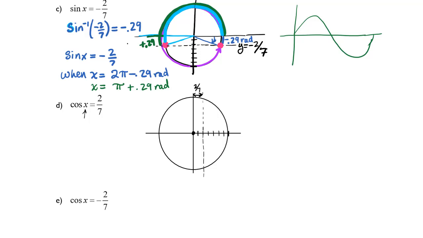And now we need to figure out what that angle is to get to a horizontal change of 2/7. What's the radian measure for that? It looks like it's going to be more than 1 radian to get there. If I want to know what that radian measurement is, I just take cosine inverse of 2/7.